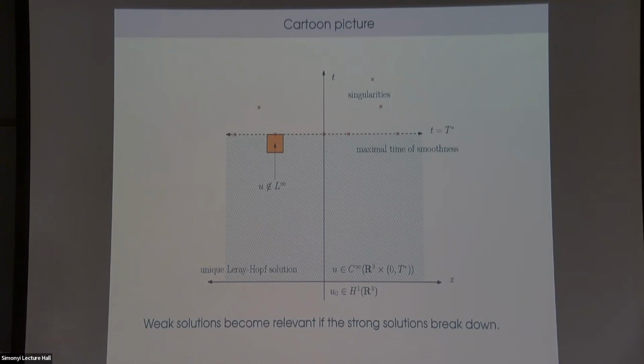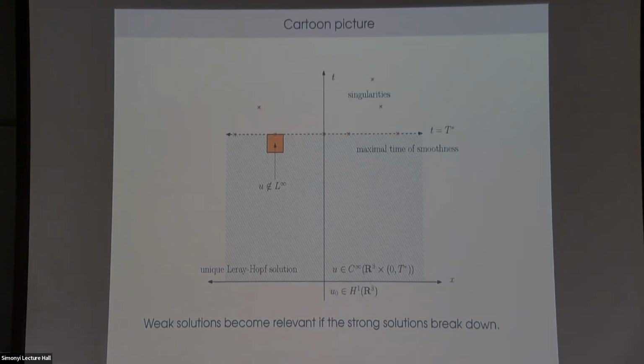So there's one solution, basically. It's instantaneously smooth. Then you evolve this using the PDE for some time, and you try to understand whether the solution can lose smoothness. Let's say there's some time T star, which is the maximal time of smoothness. The millennium problem is essentially something like, can T star be finite?